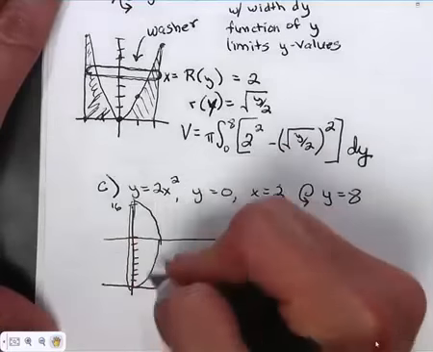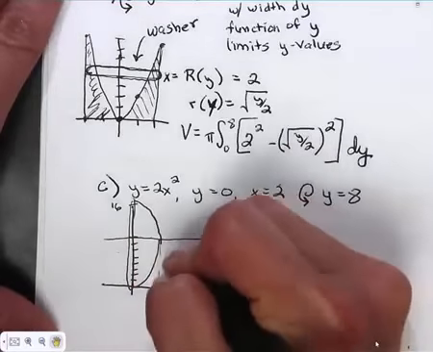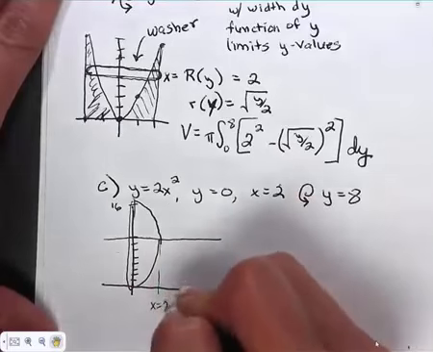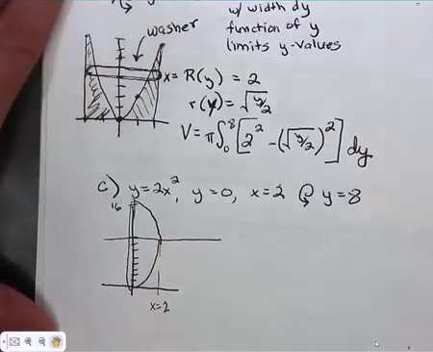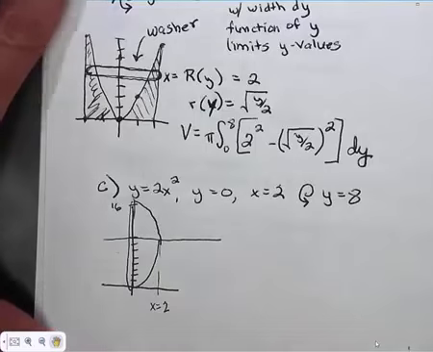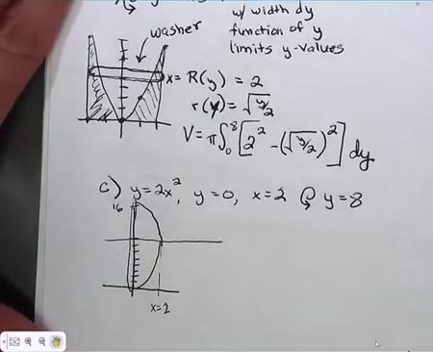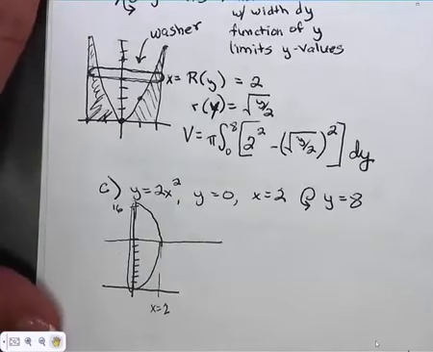Bounded by x equals 2. Here's x equals 2 over here. Should it be the other side of the parabola? Let's say the side that we use. The outside. Ooh. So it's like a little bowl in a cylinder. Hold on one second, let me think.